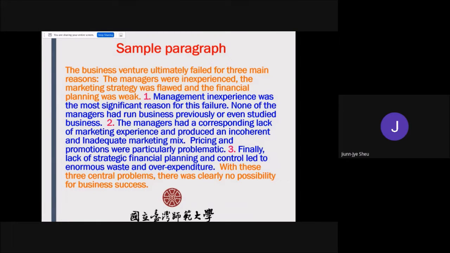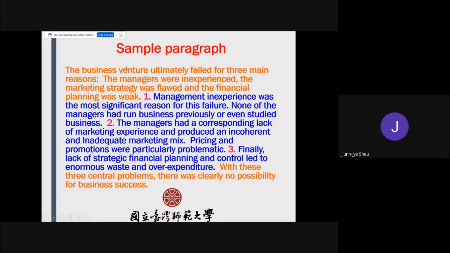A simple paragraph has a leading or topic sentence. The topic sentence is: the business venture ultimately failed for three main reasons. That's your topic sentence. And then you have the supporting sentences: the managers were inexperienced, the marketing strategy was flawed, and the financial planning was weak.